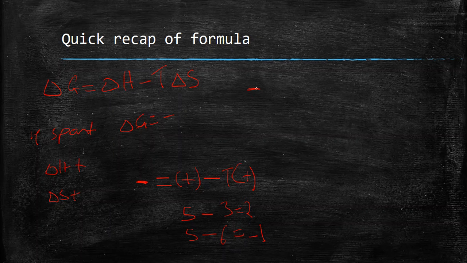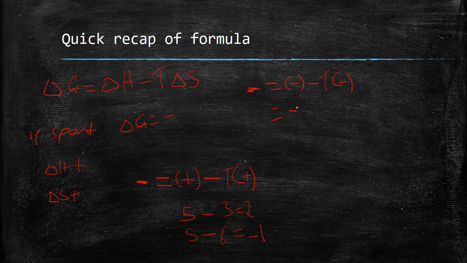So we've got a negative, and that is equal to a negative value, subtracting T times another negative value. Now, a negative subtract a negative is a positive. Alright, so let's just try this way of doing things again.